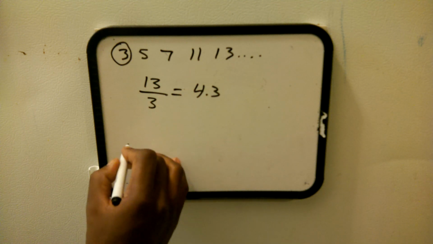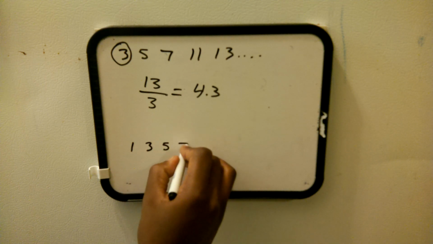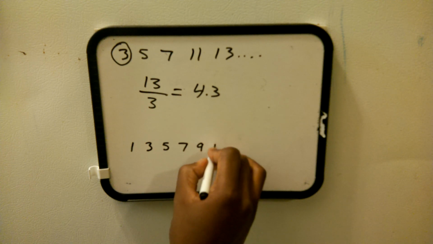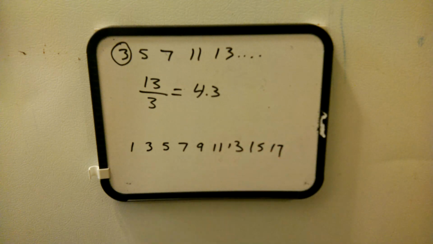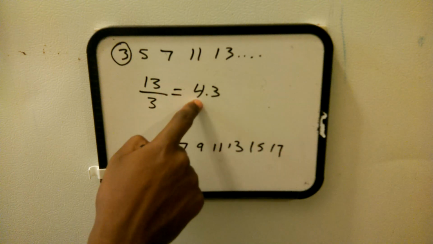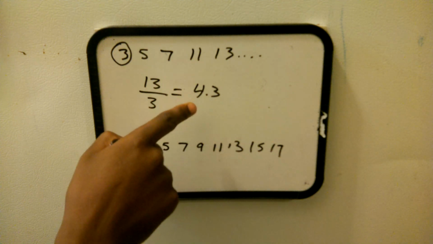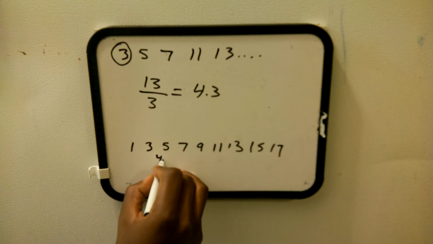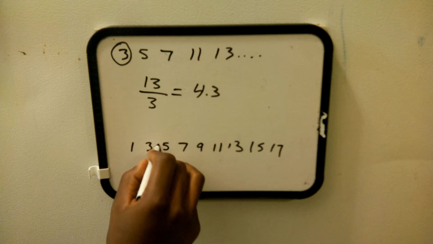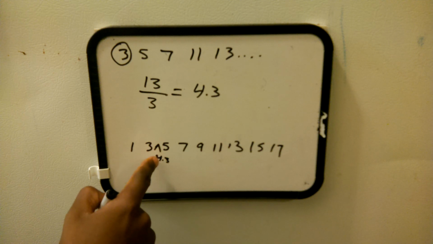The odd numbers are 1, 3, 5, 7, 9, 11, 13, 15, and 17. Okay? So what is the nearest odd number to this going upwards? You want to round upwards to the nearest odd number. The nearest one is 5 because 4.3 is in between these two right here. So the nearest odd number is 5.